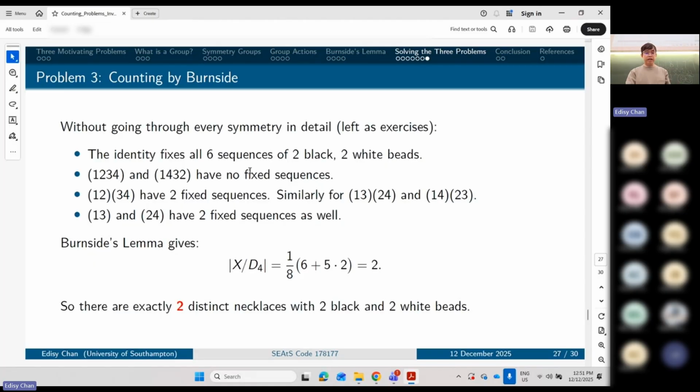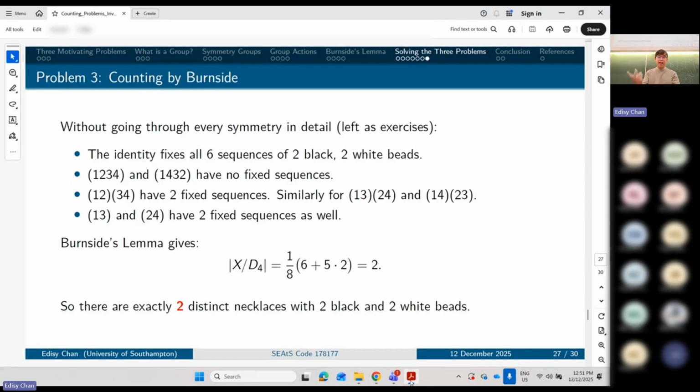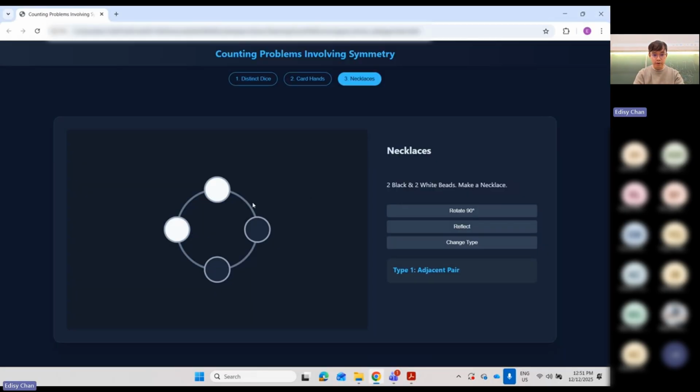And then for the others, the reflections: you are reflecting along this axis, and then it will actually fix something.